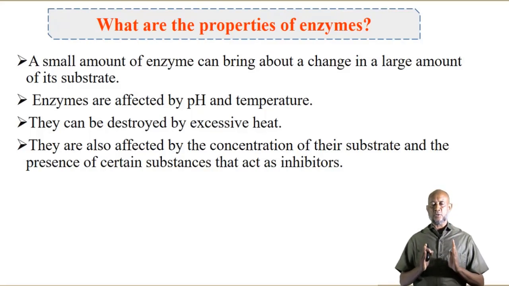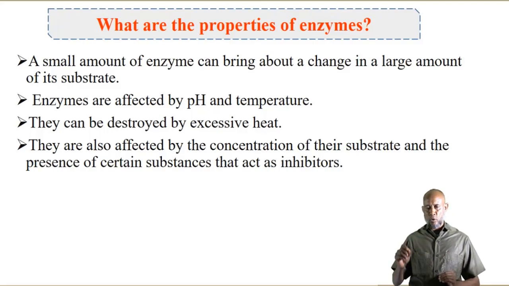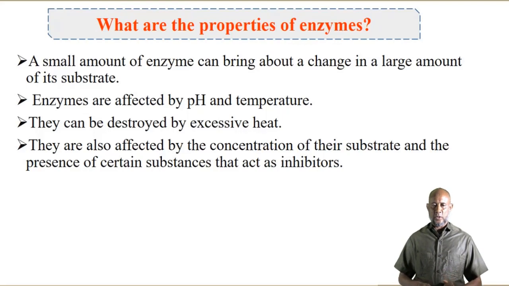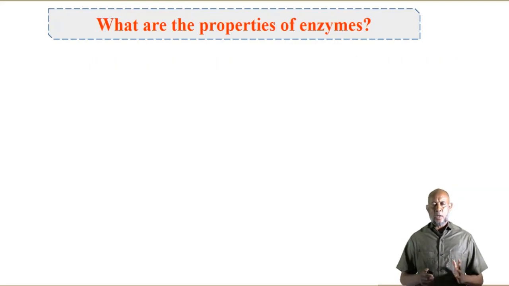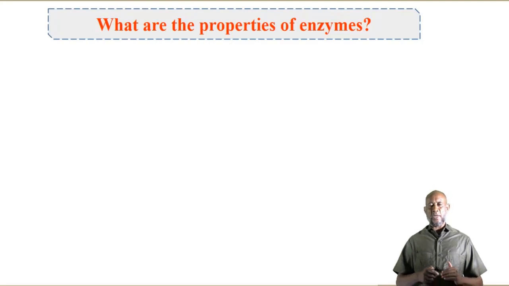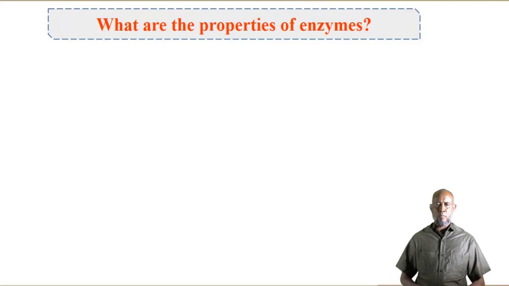But when the substrate concentration is lower, the rate of the reaction will also be lowered. And there are also some substances which are known as inhibitors. They can also affect the properties of the enzyme.